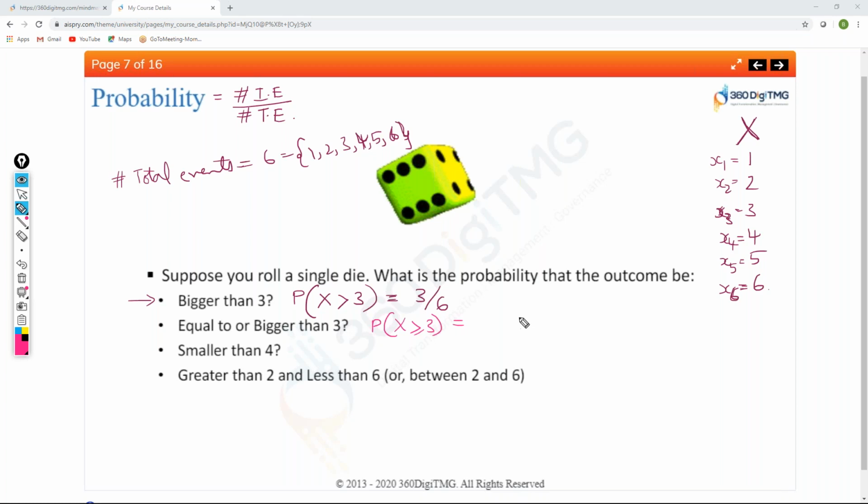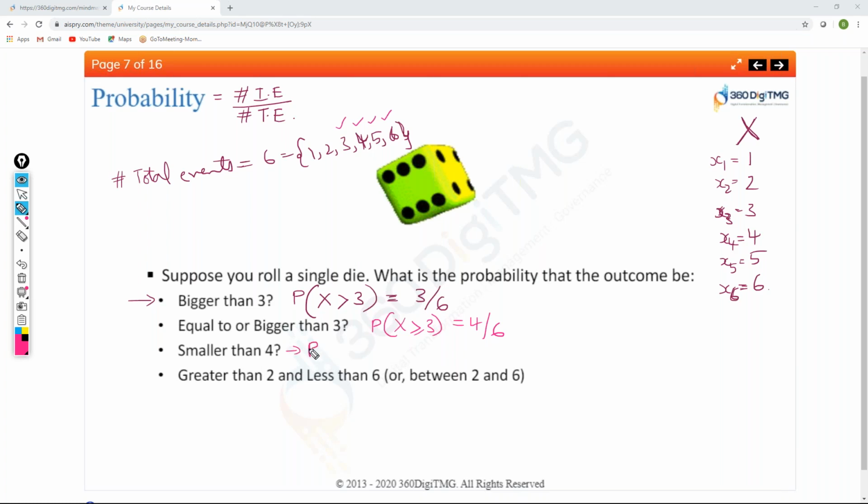Absolutely. It could be 3, 4, 5, or 6. So you have 4 interested events, the numerator, and the total number of events is 6. 4 by 6. Wonderful.